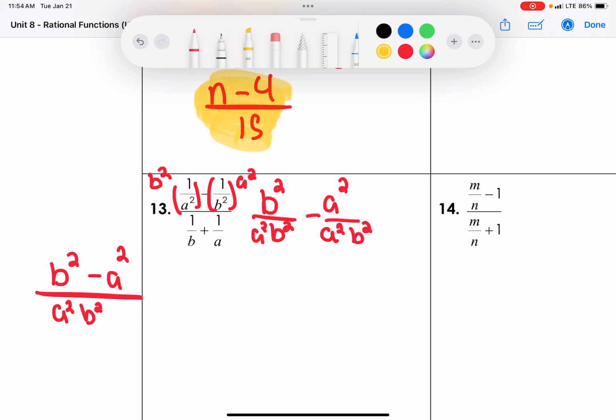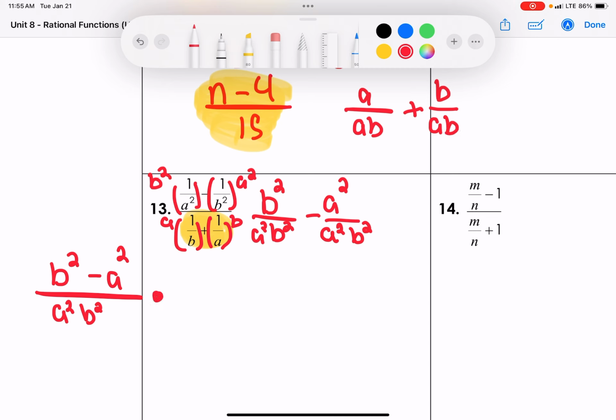Now I gotta do the same thing with the denominator. I'm gonna multiply this left side by a, and I'm gonna multiply the right side by b. So when I do that, I'm gonna work it out over here. Now I have a over ab plus b over ab. So now we're gonna flip it.